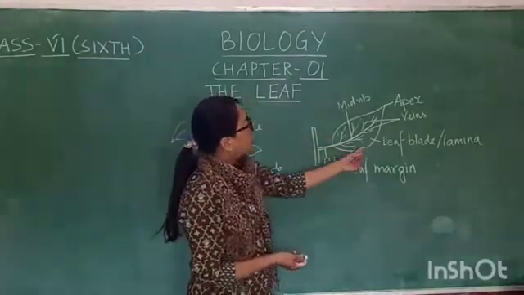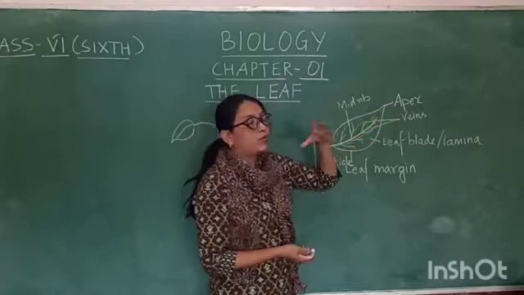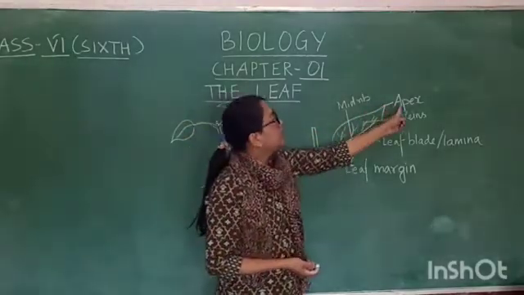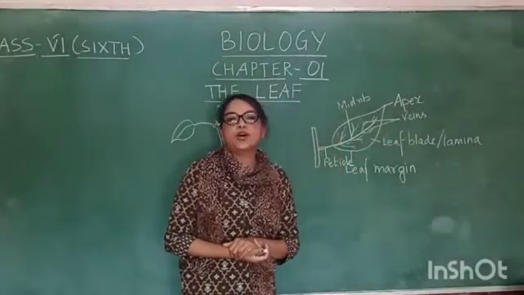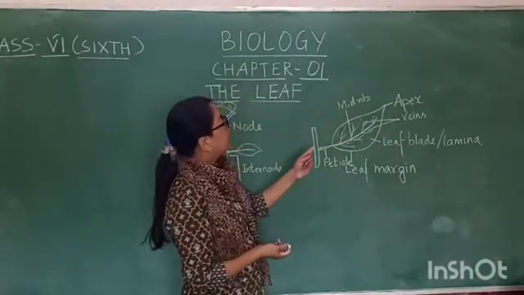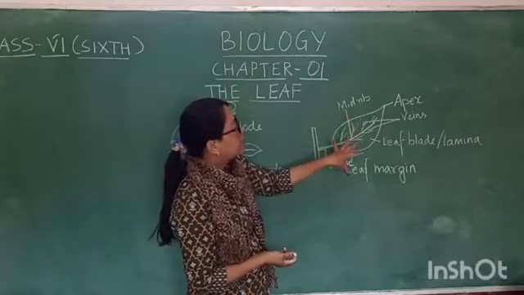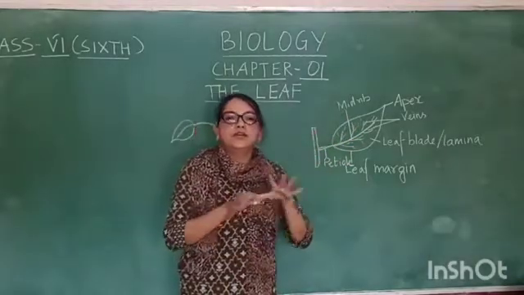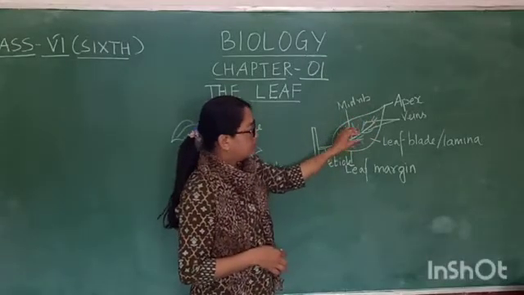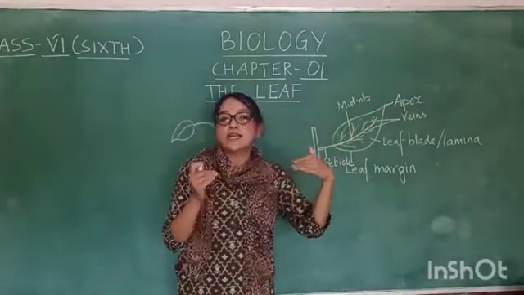Now the pointed part of the leaf is known as the apex. What is it called? Apex. And here in the leaf you must have observed lots of veins or vein-like structures.